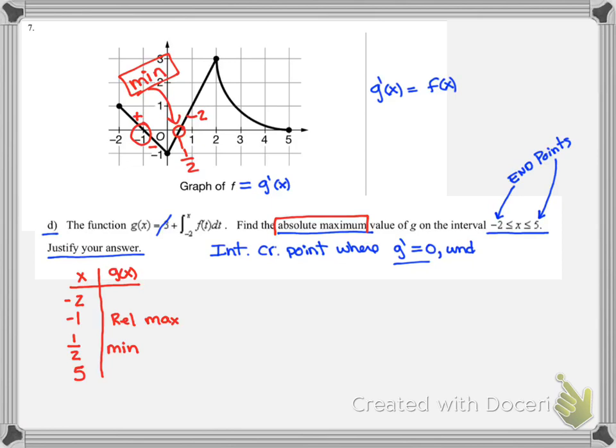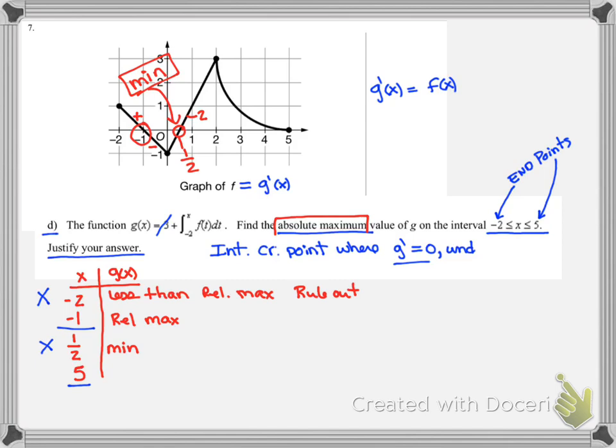We also know, because -1 is a relative max, this endpoint will be less than the relative max. So I can rule that out. So really, we just have to check then -1 and 5. Those are the places that we really have to check, but we would need to say why we were ruling out x equals -2 and x equals 1/2.